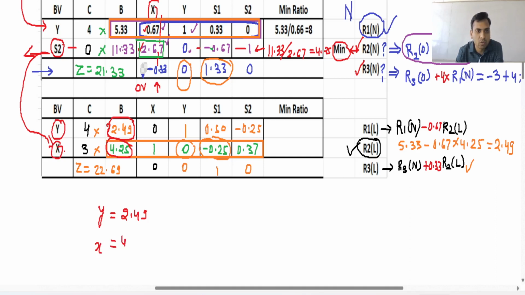So x is equal to 4.25, and the maximum z value is this one, 22.69. So this is the answer for simplex.